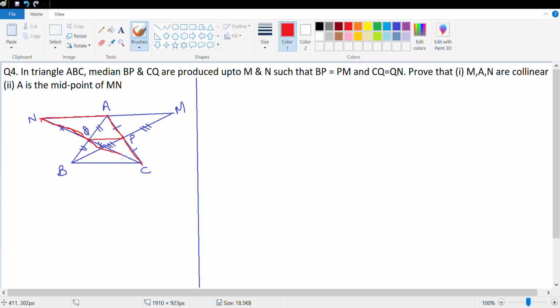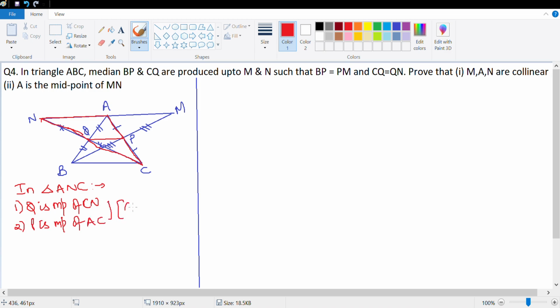Perfect. So if I look at this triangle ANC, I have Q, which is the midpoint of NC, and P, which is the midpoint of AC. Let's see if it helps us do something. So in triangle ANC, number one is Q is midpoint of CN, and 2, P is midpoint of AC.